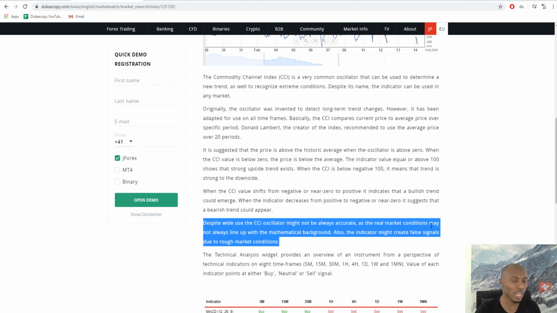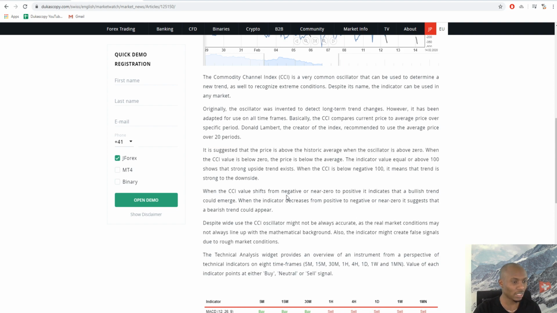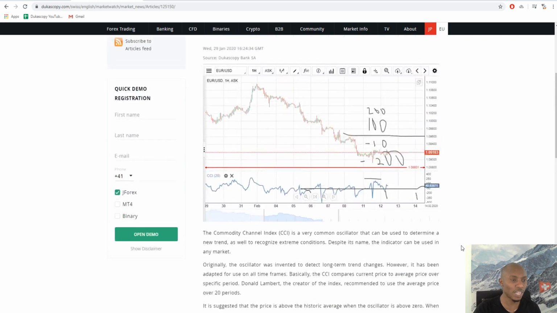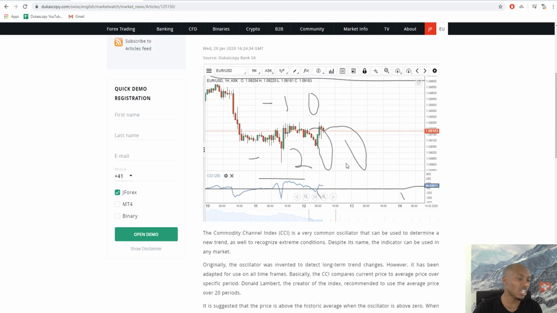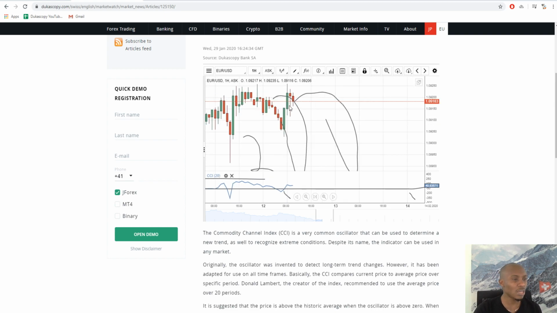That is the reason why, even when you already see that the number is negative or near zero, possibly indicating that a bullish trend could emerge, you need to look at the candlestick. If you are still using the Japanese candlestick, you need to see, before you enter the market, a potential bullish reversal candle or bearish reversal candle before you take a position.